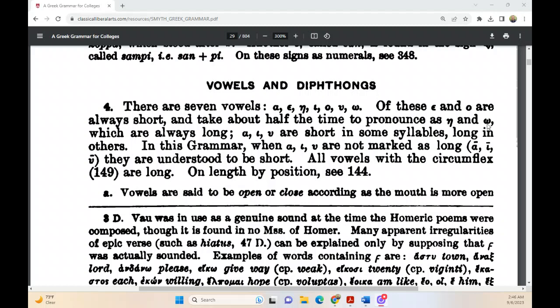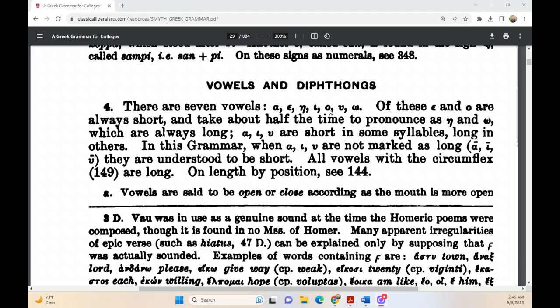Now notice that these relate to each other. Eta is a long form of epsilon. So in epsilon we read e. In eta we read e. Epsilon, e. Eta, e. Eta is always long. And then for omicron, we have omega.